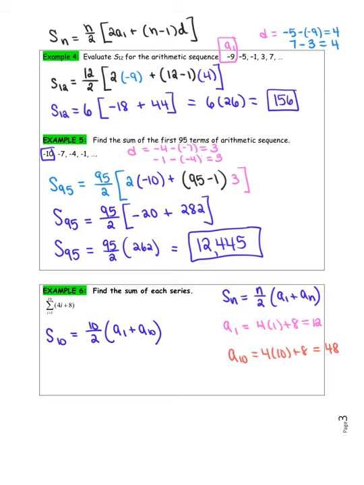And applying this, we have S sub 10, 10 divided by 2 is 5, parentheses, A1 is 12 plus A10 is 48. 12 plus 48 is equal to 60, and 5 times 60 is 300.